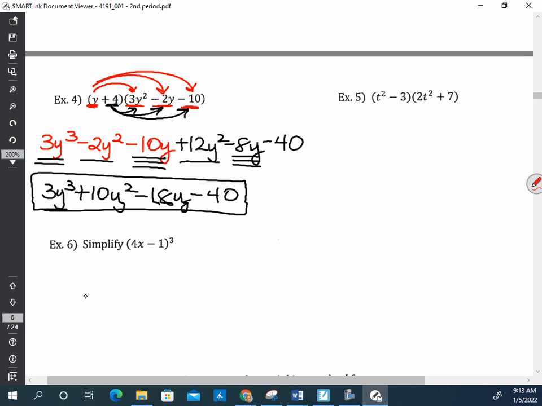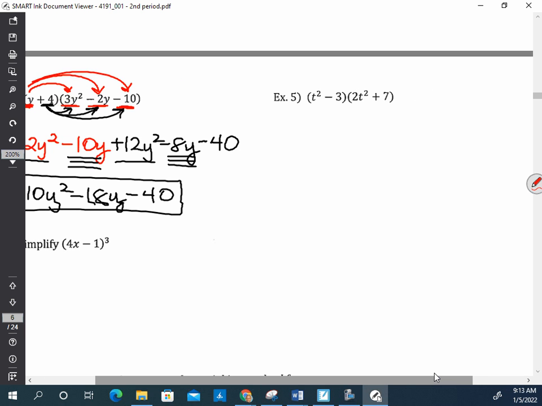All right, example 5. Same rules apply. We're still distributing. So what gets distributed first? So t squared comes on over. T squared times 2t squared gives you what? 2t to the 4th.